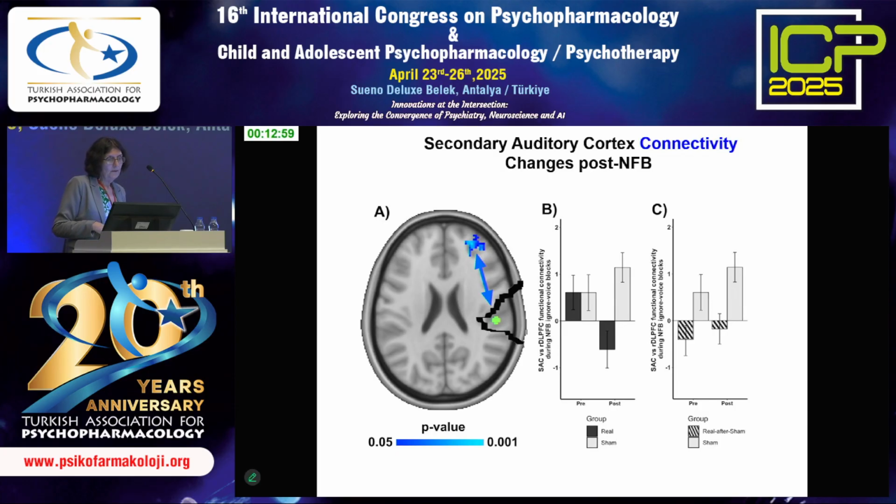And again, this similar pattern emerged where these reductions really happened in the real neurofeedback group, but not in the sham group. And again, when we switched the sham group into real group, the pattern of results was similar to what we observed in the real group previously.